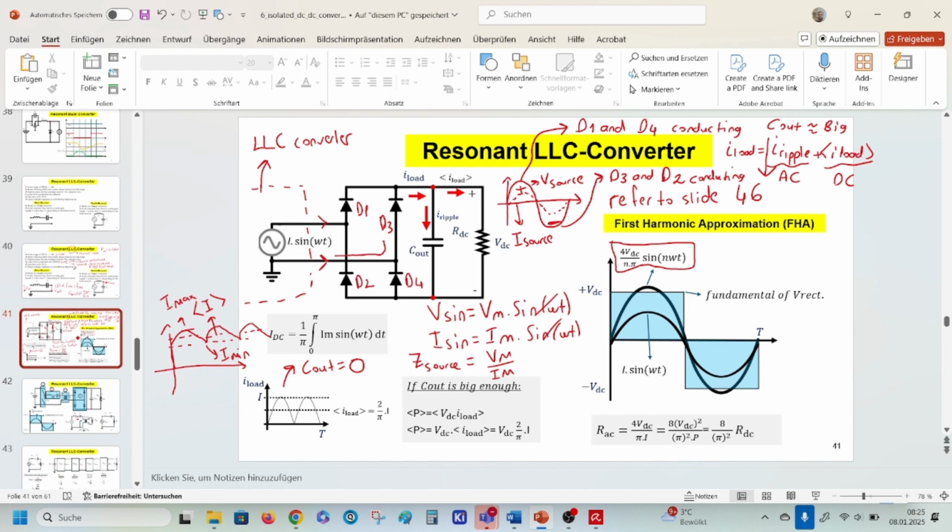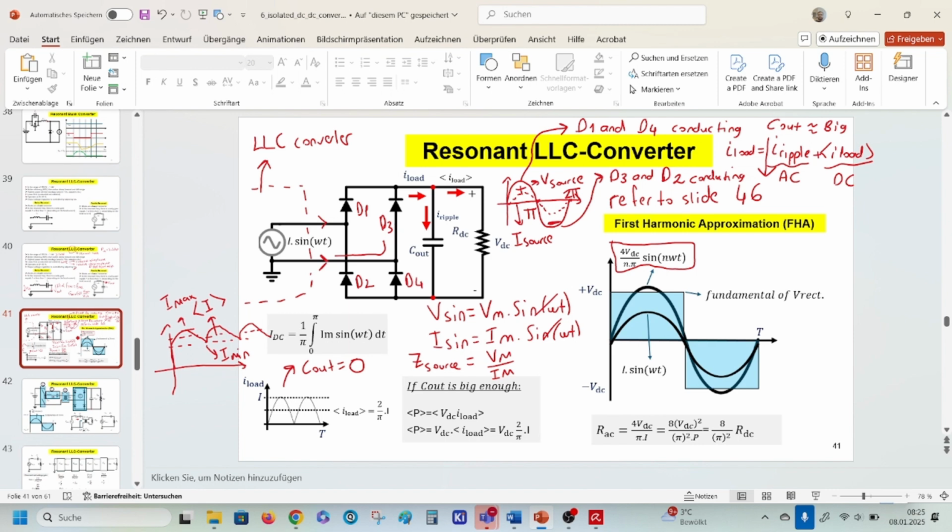But anyway, if you want to explain our average output current, this would be pi, the period is 2 pi, and the average current is actually calculated with the help of this formula.